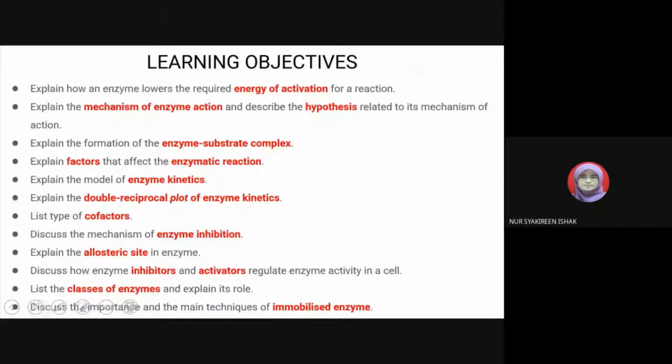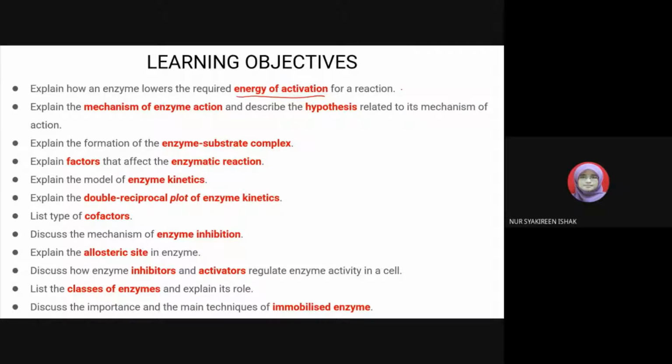So these are the learning objectives. First, explain how an enzyme lowers the activation energy required for a reaction. When a reaction is catalyzed by an enzyme, it will lower the activation energy and speed up the rate of reaction.